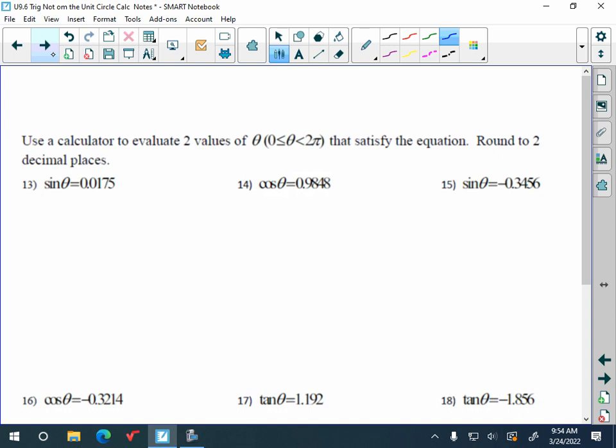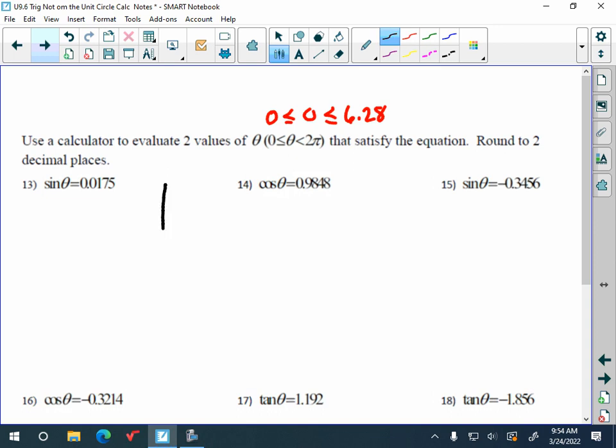You got to be in radians now. All right, so 0 to 2 pi is the same as 0 to 6.28. That's what 2 pi is. 2 times pi. All right, so 2 times pi is 6.28.